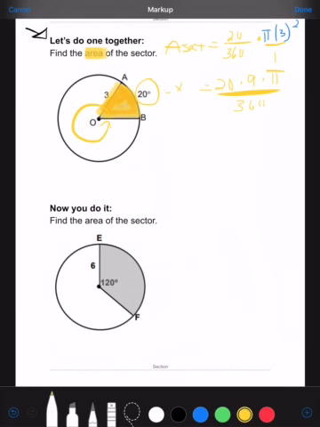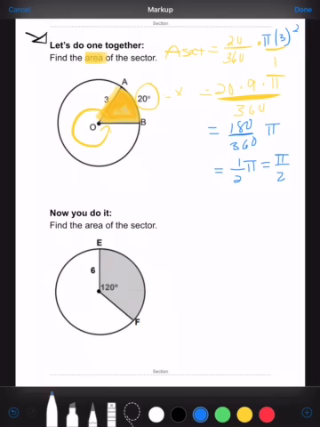If you feel comfortable skipping these steps, that's perfectly fine. I'm just doing this so that everyone can follow me. So this is 180 over 360 pi. Okay, and so if we simplify this fraction, this is going to be the same thing as 1/2 pi or pi over 2. We don't have the units for this, but we know that this is area.